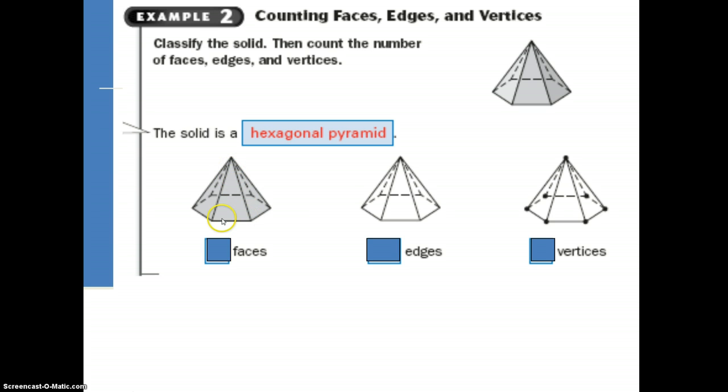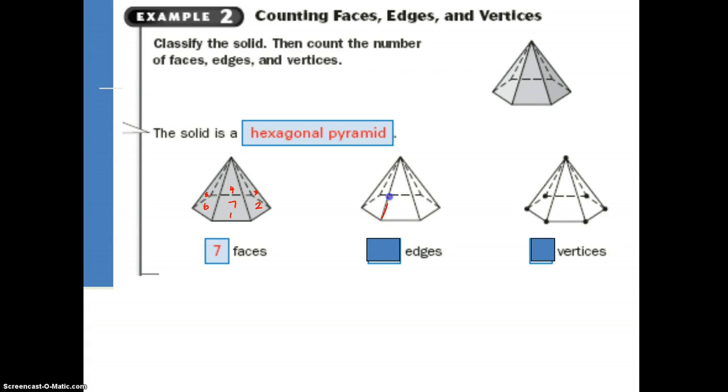So here's one face. I would say this is 1, this side is 2, this is 3, the back has 4, here's 5 on the side, 6 right here, and then always remember to count the base. So there are 7 faces.